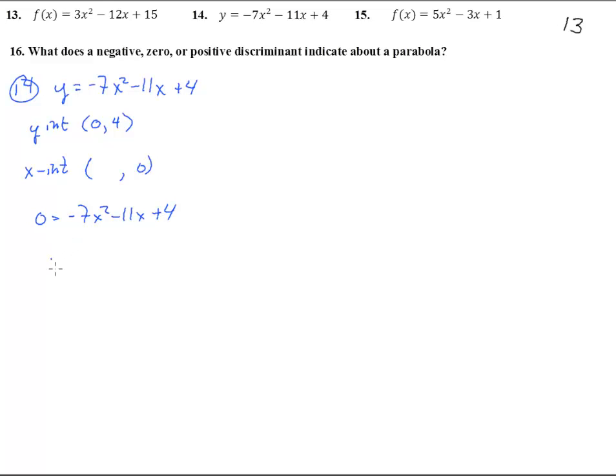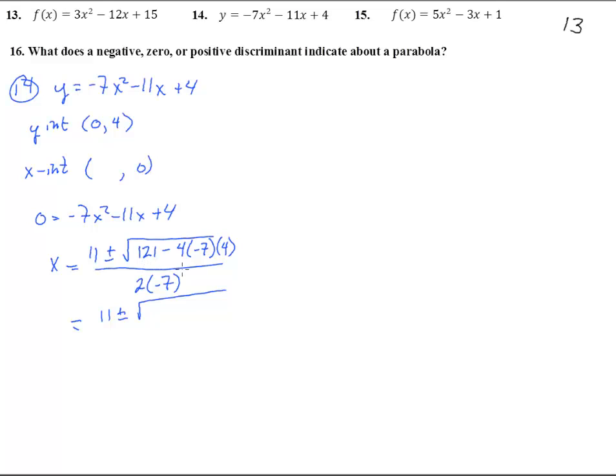And the quadratic formula, x equals negative b plus or minus the square root of b squared minus 4 times a times c, all over 2a. This gives 11 plus or minus the square root of 121 plus 4 times 7, which is 112.